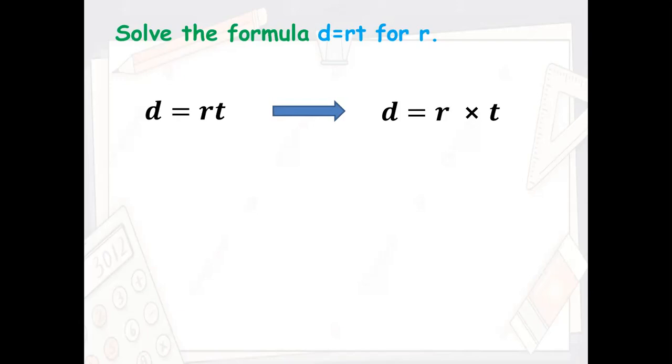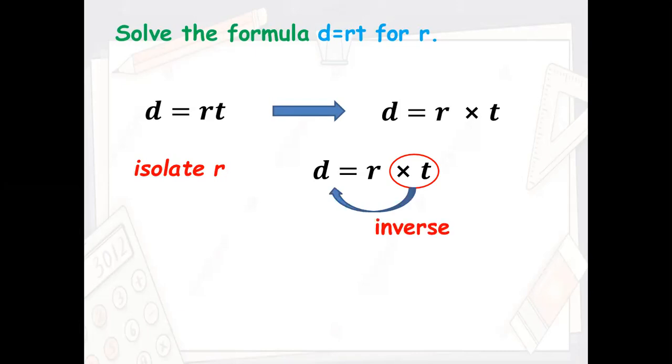So to keep R alone, what do we do? We have to do something with this T, right? To remove the T, because we have to keep R alone, we cannot keep R with T. So to remove the T from there, we have to do the opposite. Here, multiply by T, when we have to remove it, becomes divide by T. The opposite of multiply is divide.